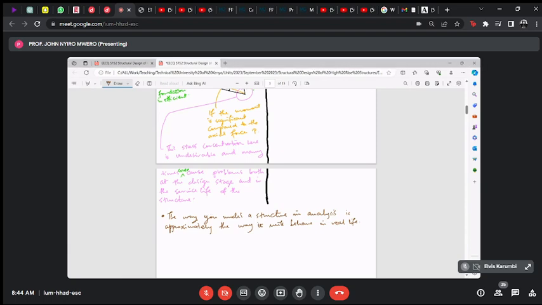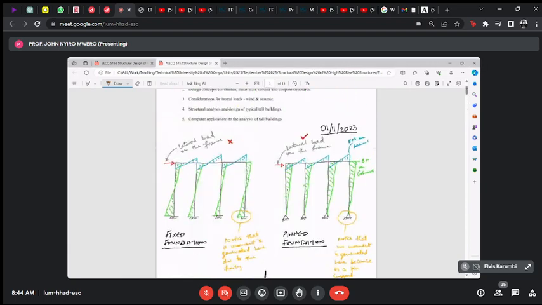Why I'm writing that is to say, if in your analysis you model that foundation as fixed, the analysis will send some moments to that foundation, which then you will need to design for. So the structure becomes stiff by design at the foundation. And when it is loaded, it actually sends some bending moments to that foundation.